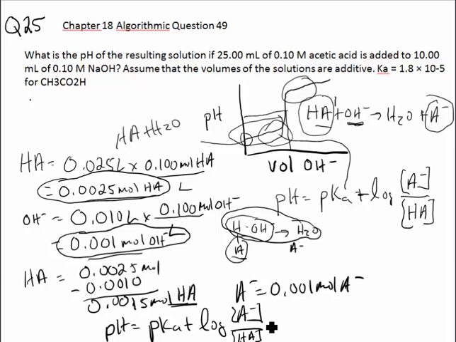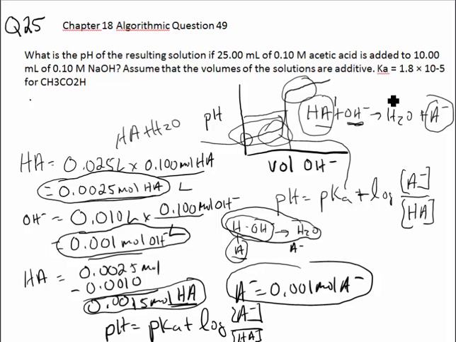But because these are concentrations, it's per liter, per liter. Those are going to cancel. We can just put the moles in there. So there's our amount of A minus, there's our amount of HA. And our pKa, well, that's up here. So we have to take the pKa of that. Let me calculate that.